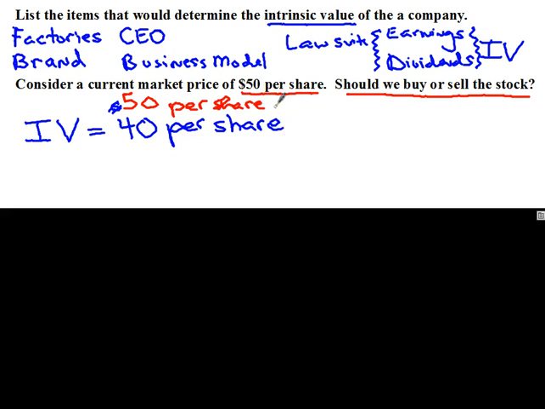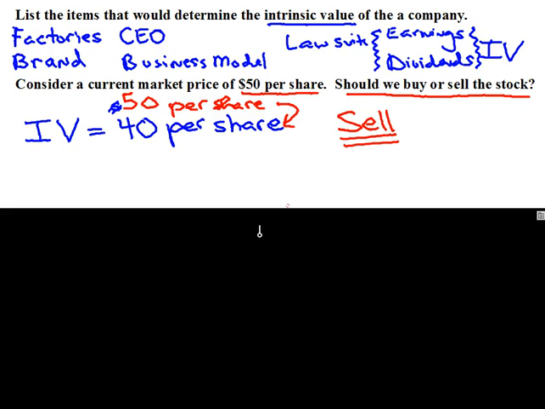Now remember, this is what Firm Foundation is all about. We always believe that the share price is eventually, in the long run, going to return to the intrinsic value. So if the intrinsic value is $40 per share and the current market price is $50 per share, then our recommendation would be that if we own this company, we should sell it. Why? Because we could currently get $50 per share for the company, and we believe that it's going to fall to $40 per share. So as a result, we would issue a sell signal.